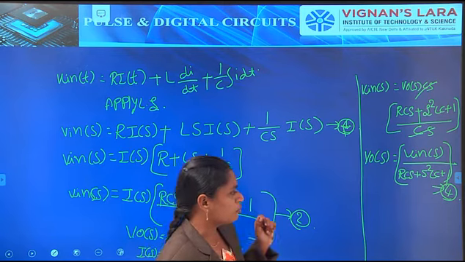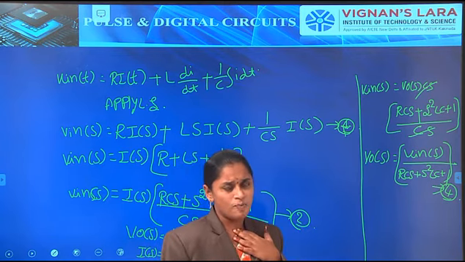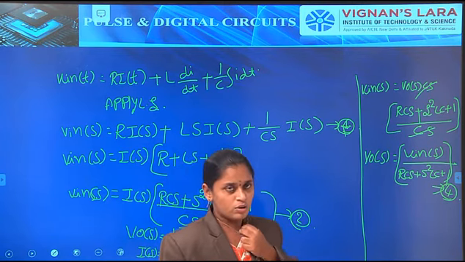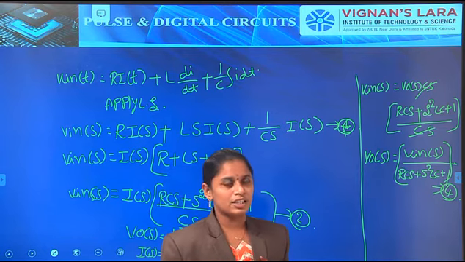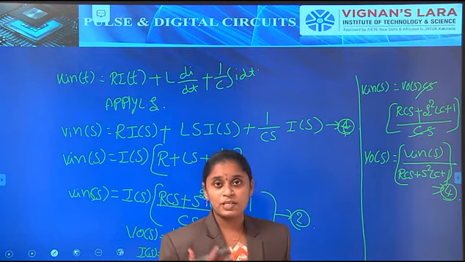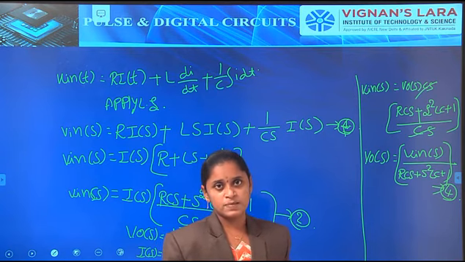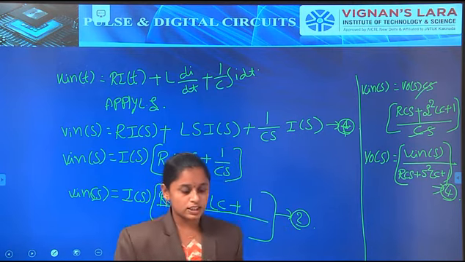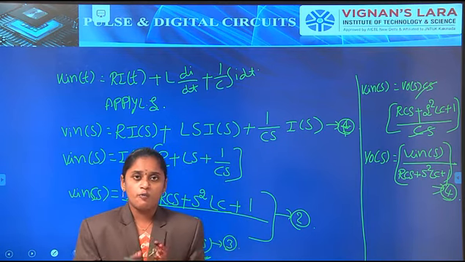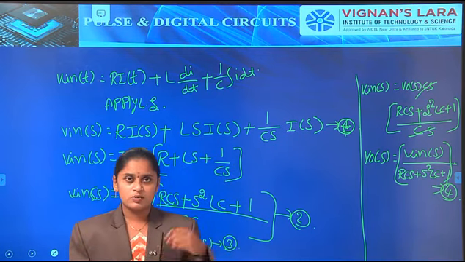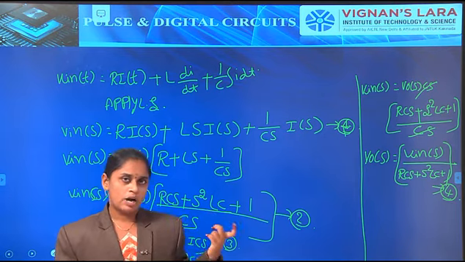Then we have to take LC as common in the denominator, like finding the different values A and B, that are S1, S2. The same process we have to follow here.